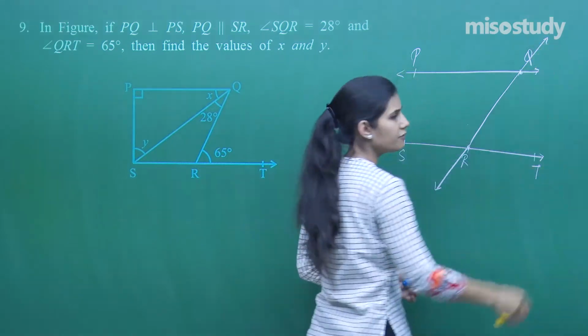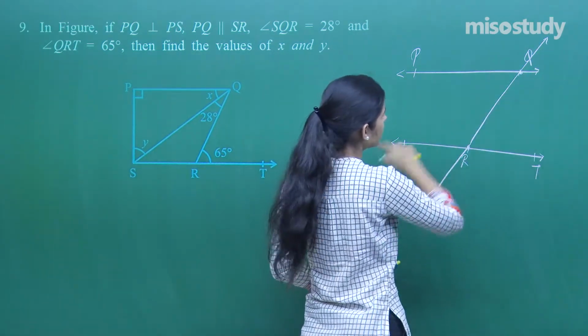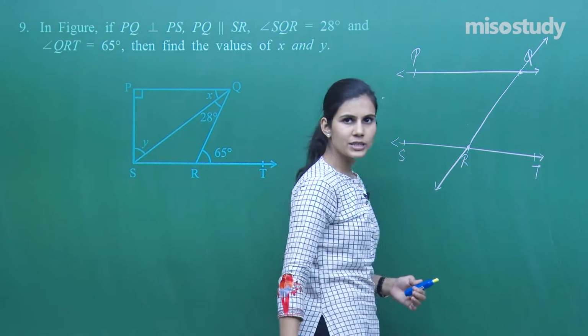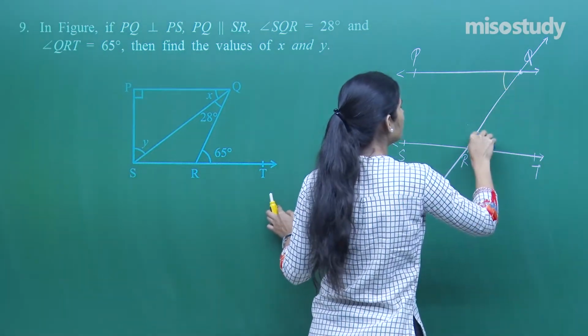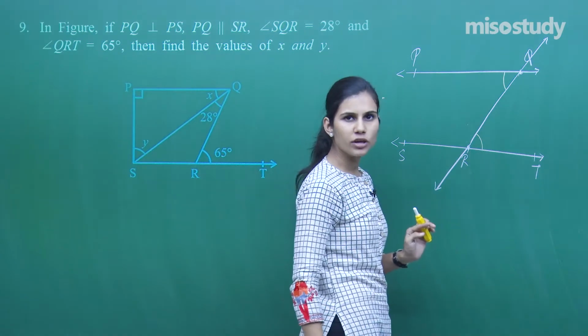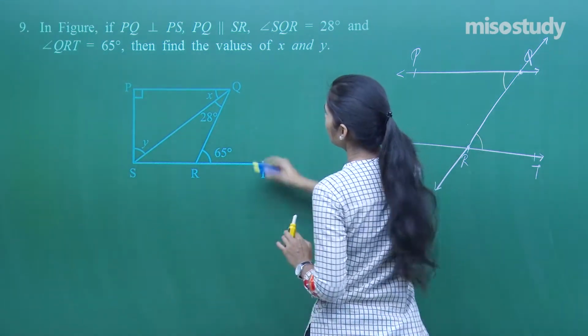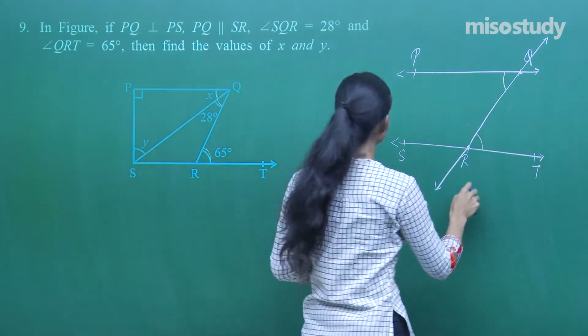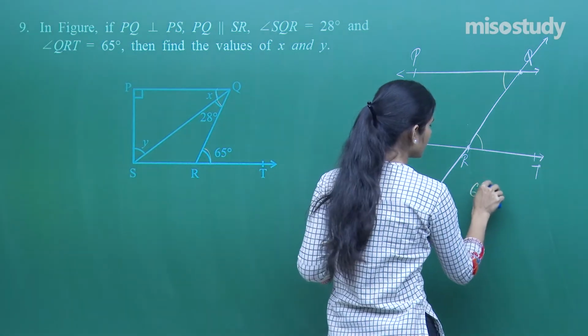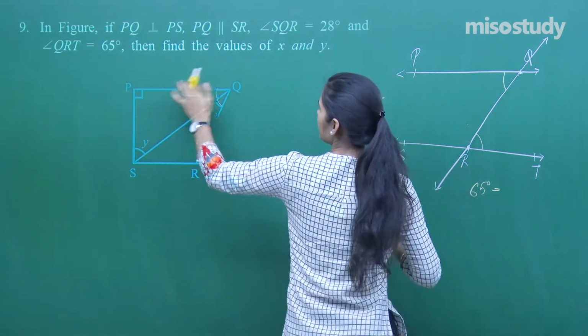So what is it that you have? This line is parallel to this line, this is acting as a transversal, and therefore you will have this angle equal to this angle because they are forming a pair of alternate interior angles, and so you will have this complete angle equal to this angle. So you will have 65 degrees will be equal to angle PQR.